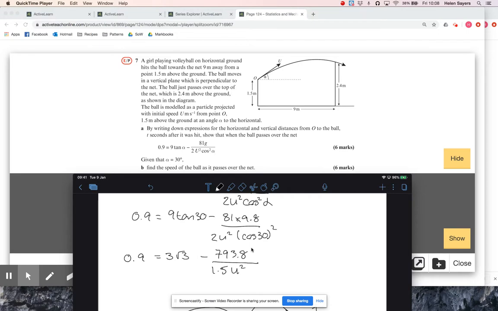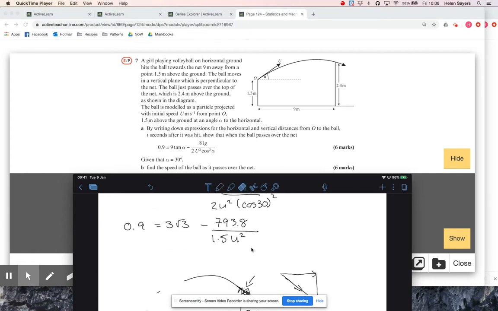Okay, so then I just need to think about how I want to solve that. I'm just going to get rid of this diagram for now. Because I don't really like the negative, I would add that fraction over to the left-hand side. I would do the 3 root 3 minus 0.9, so take the 0.9 over to the right-hand side.